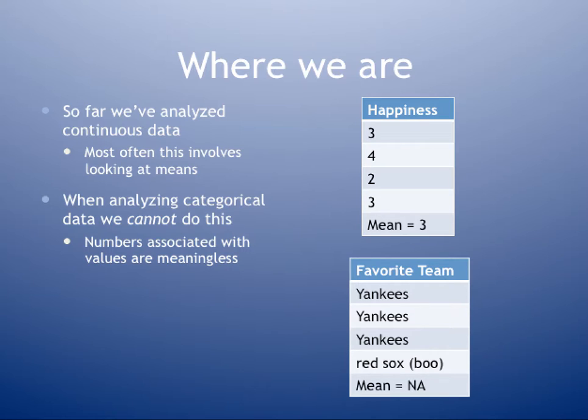You could give them values and say Yankees are equal to 1 and Red Sox are equal to 2, but even then you couldn't get an average from them because those numbers are meaningless. So when we're looking at categorical data, we can't use means. We can't look at standard deviations. We can't do things like that.